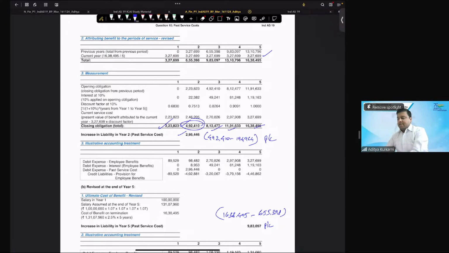So, in yesterday's session, we started off with Ind AS 19 that deals with employee benefits. As part of our discussion, we went through the scope of Ind AS 19. What was the reason a separate standard was introduced? What do we have as far as the coverage in this standard and what is excluded from the scope of this standard?